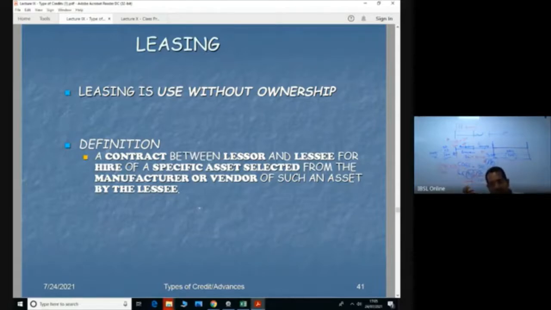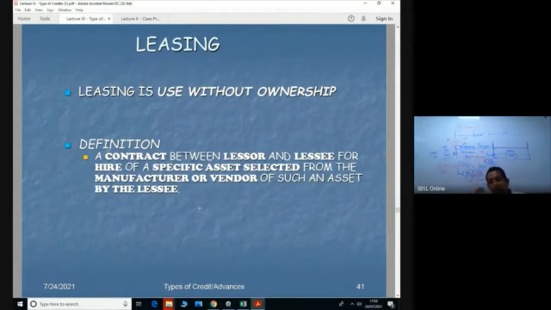Then we earlier had hire purchase. Normally it is for registered vehicles, when we didn't have VAT for registered vehicles. But since we have VAT for everyone, we don't use hire purchase now, right?